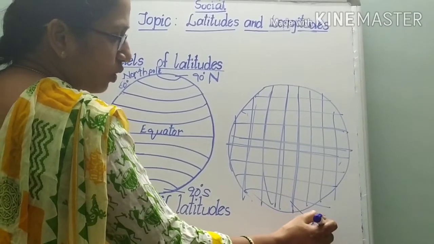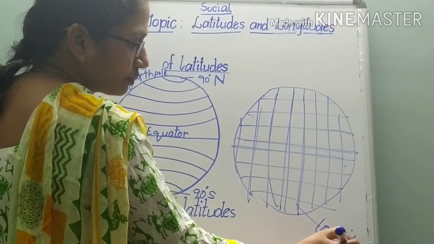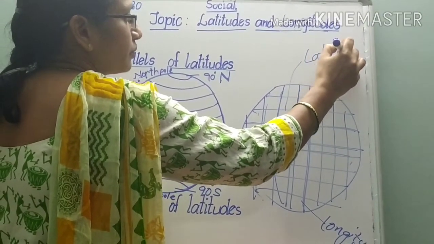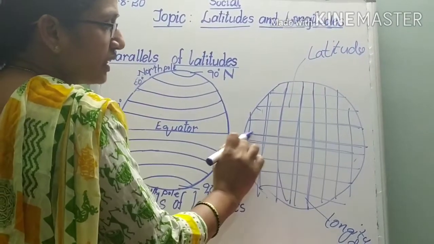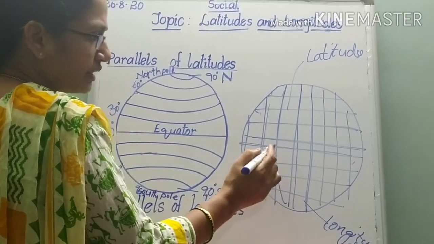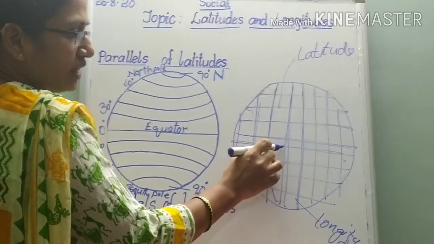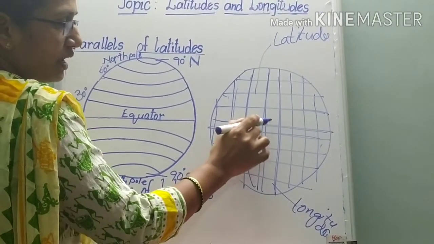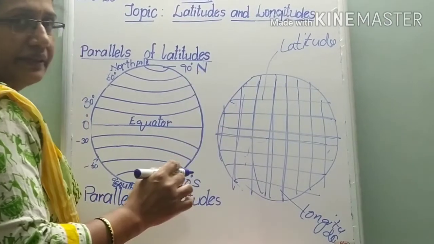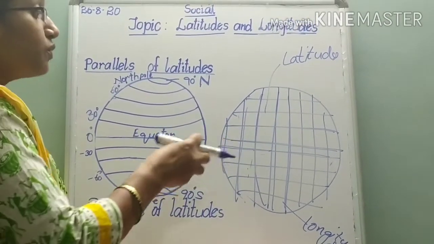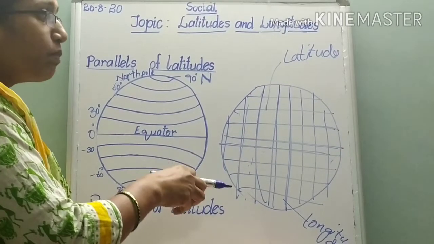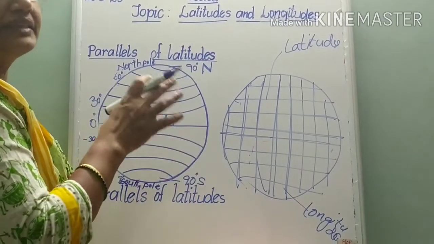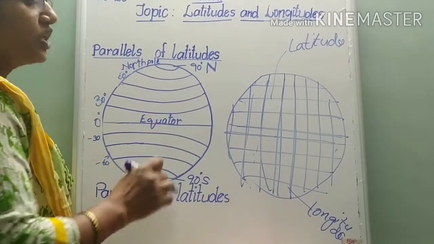These horizontal and vertical lines intersect each other and form a web-like structure, like a grid. What is the use of latitudes and longitudes? With the help of latitudes and longitudes, we can identify the location easily.